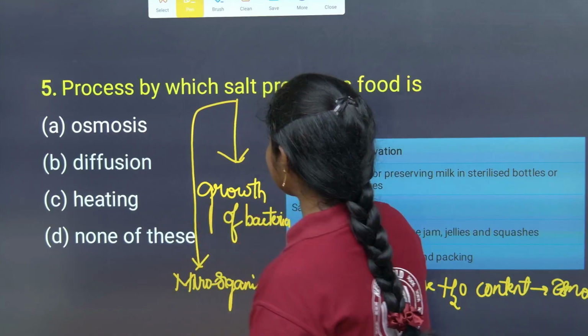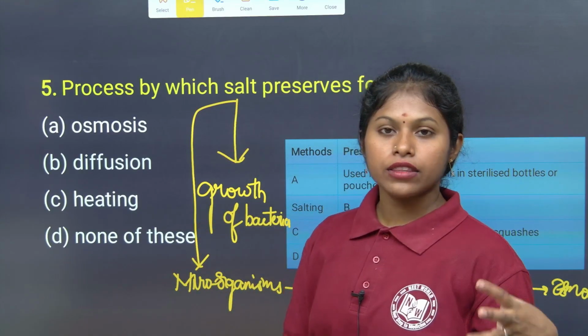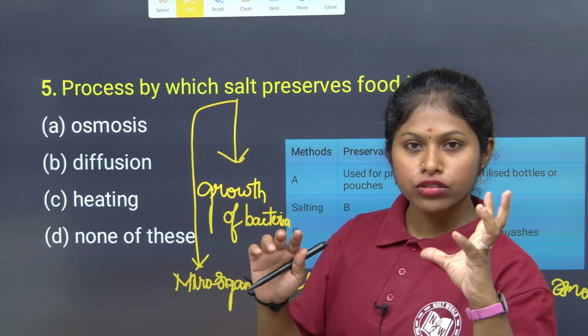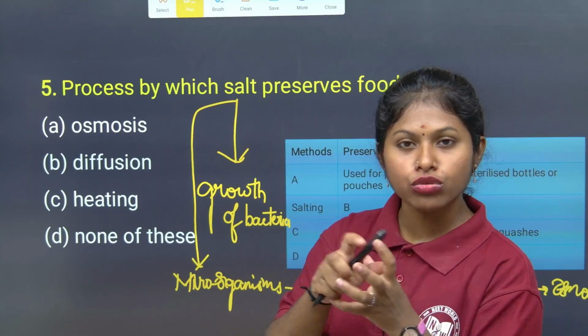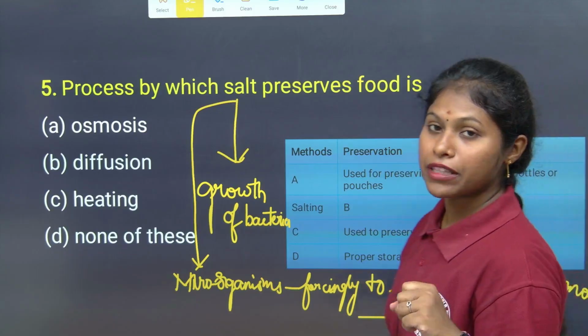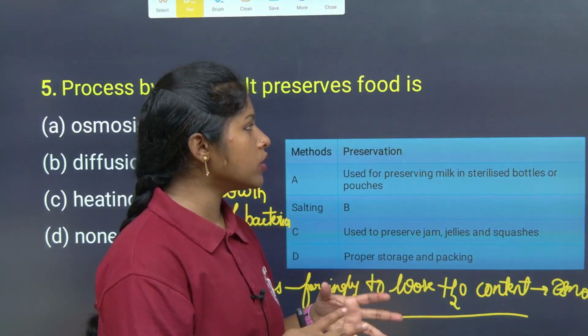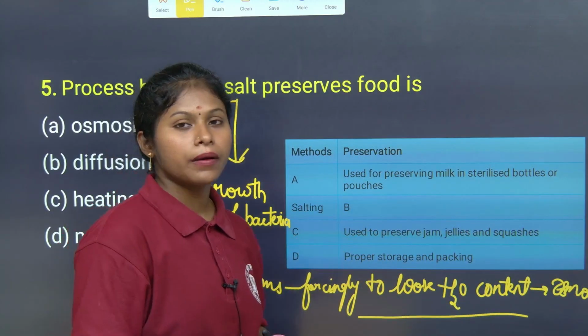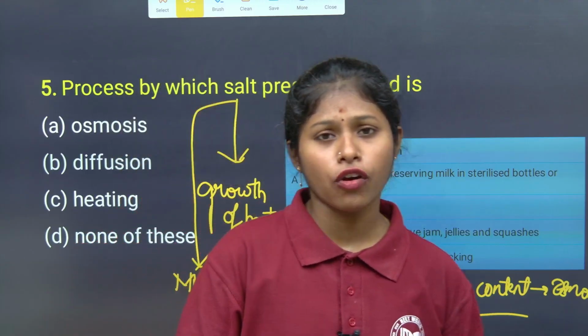So salt checks the growth of bacteria, children. It lets the microorganisms lose water content by the process called osmosis. This is how salting avoids the spoiling of food.